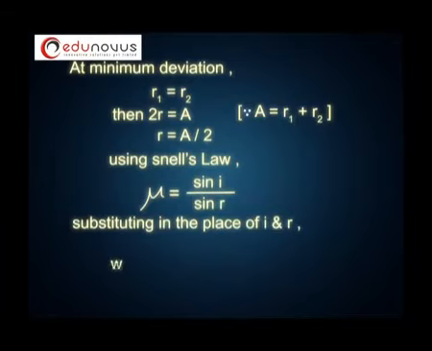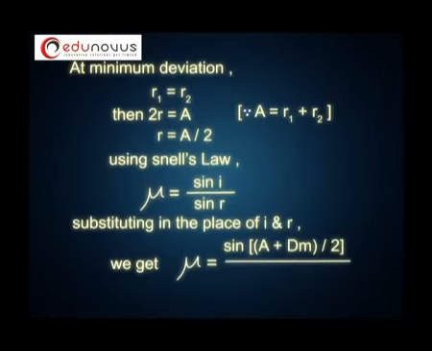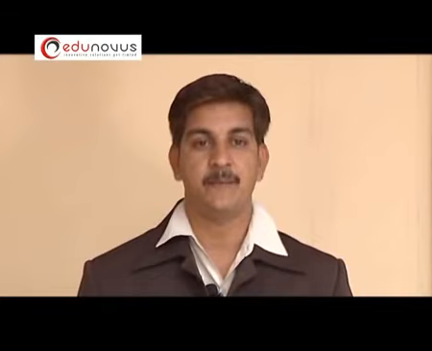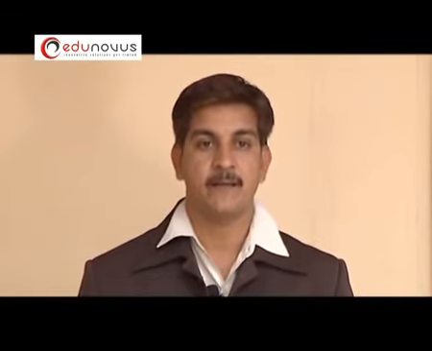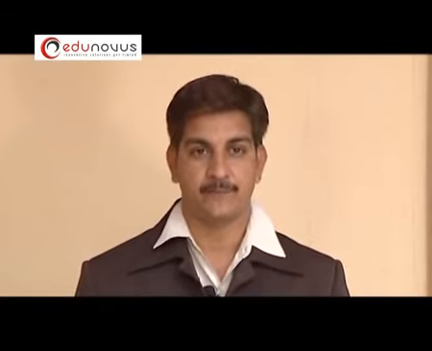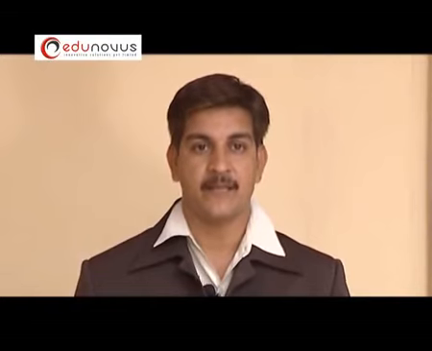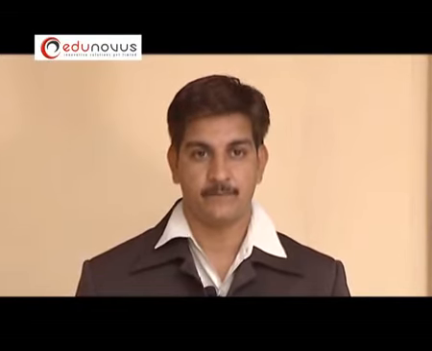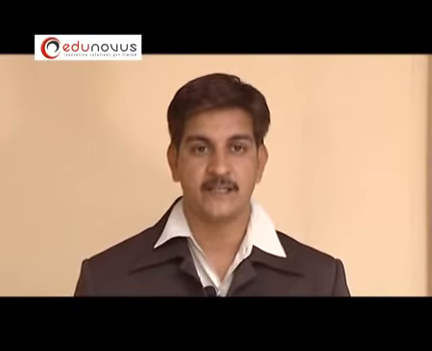Substituting the values of i and r, we get mu is equal to sin (A plus Dm by 2) by sin (A by 2). In this, angle of minimum deviation is determined by plotting I-D curve. The angle of prism capital A will be given. It is equal to 60 degrees if it is an equilateral prism.